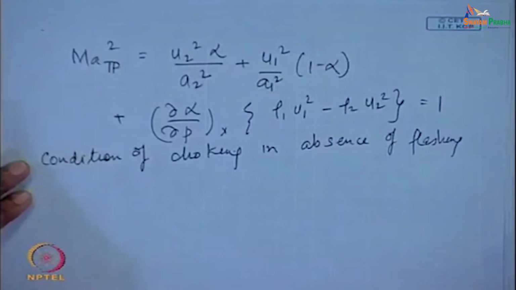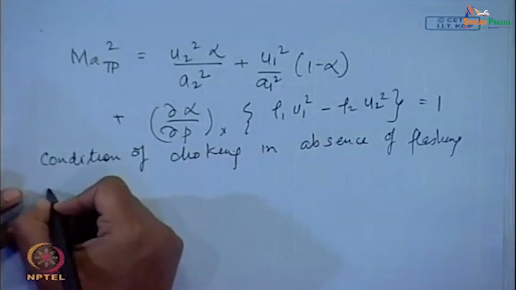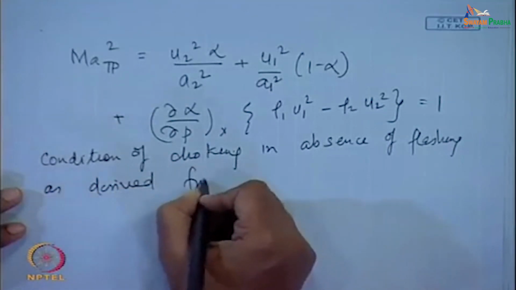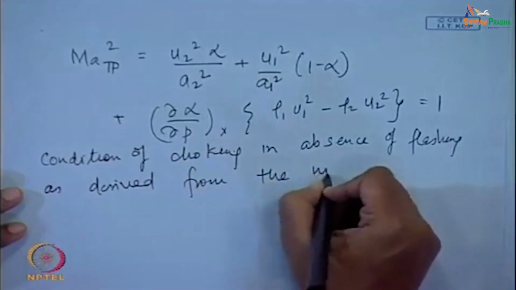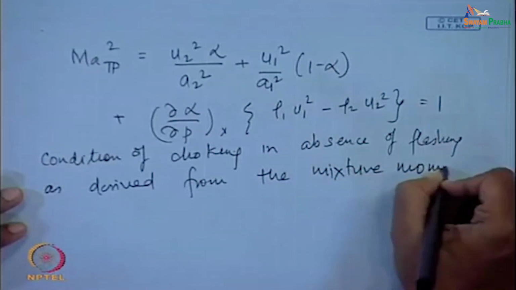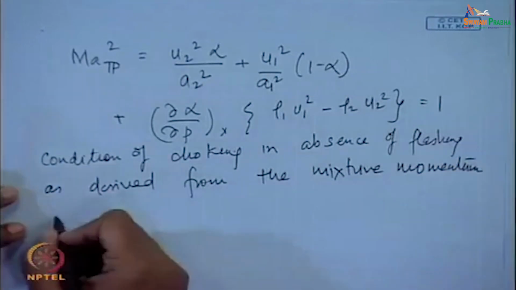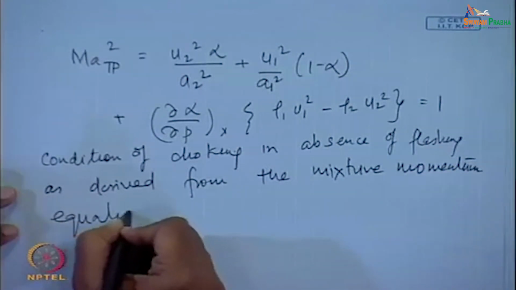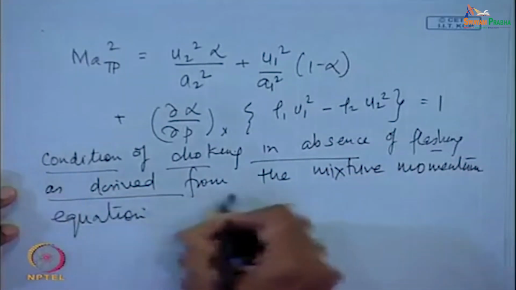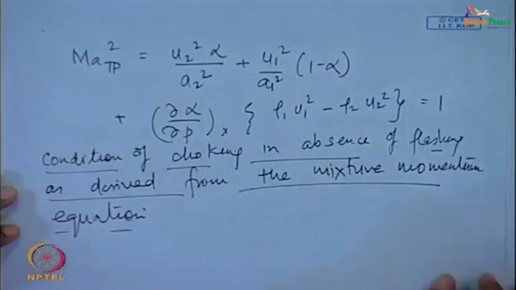So, this was the condition of choking in absence of flooding as derived from the mixture momentum equation. Okay. Just remember this.